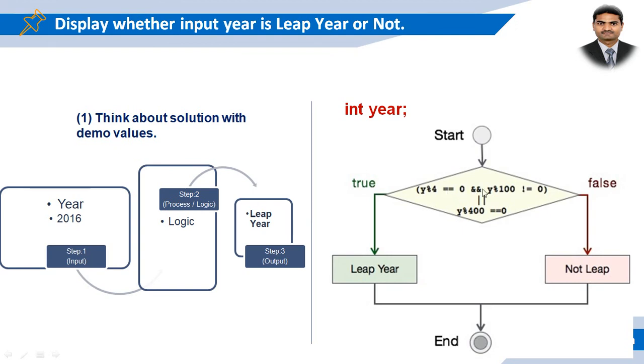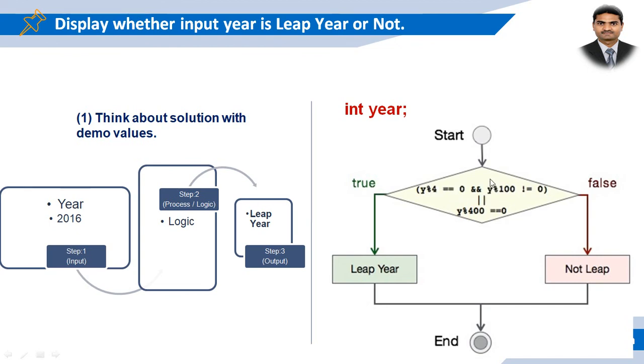The first condition is a combination of the year being divisible by 4. How can we know that the year is divisible by 4? We divide the year by 4, and here we have used the modulus. Modulus returns the remainder, and if the year is divisible by 4, then it returns remainder 0, so this condition becomes true.